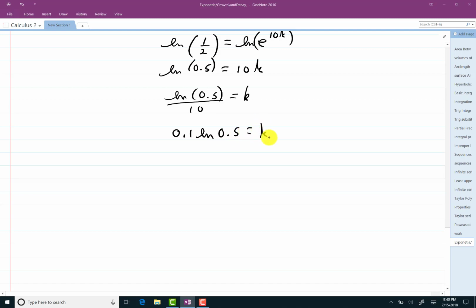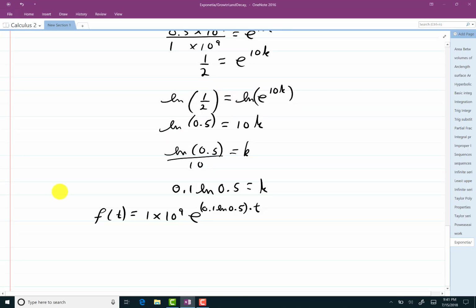That'll keep everything on one line. So now I've got everything I want. I've got f of t equals the c that we found from before, 1 times 10 to the 9th, then e, and then my k is this stuff right here, 0.1 ln 0.5, times t.